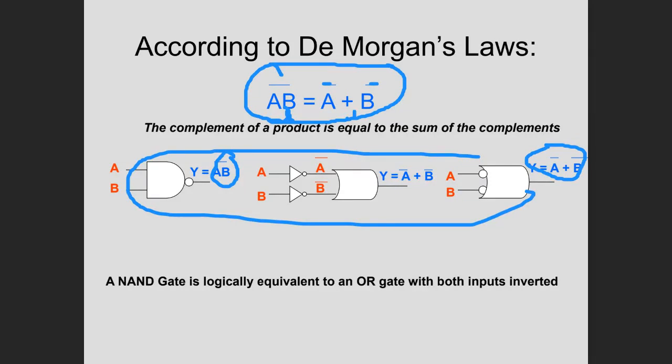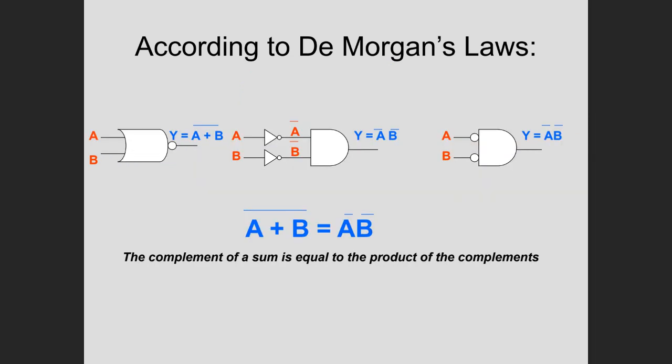Now, when I get to a whiteboard, we can show you a little bit better that these two are actually logically equivalent to each other. And as a matter of fact, I think in one of your homeworks, you have to actually prove one of De Morgan's laws, and there's actually two of them. So this is the first of the two. The other one is just the opposite, where you start with the NOR gate.